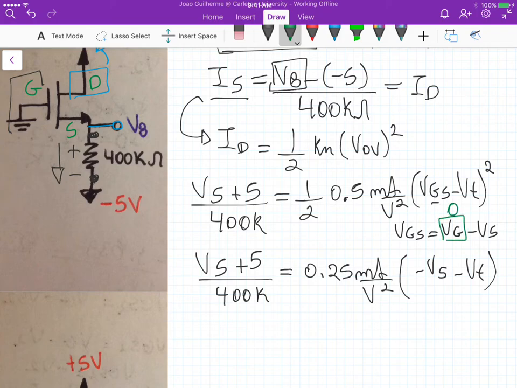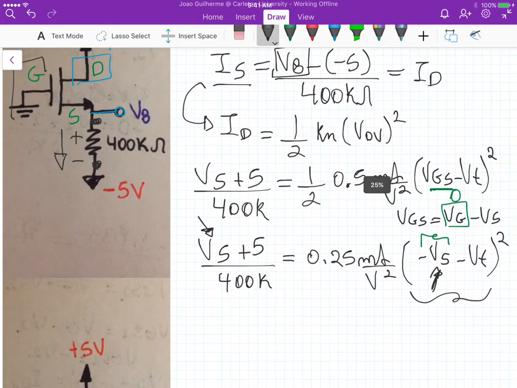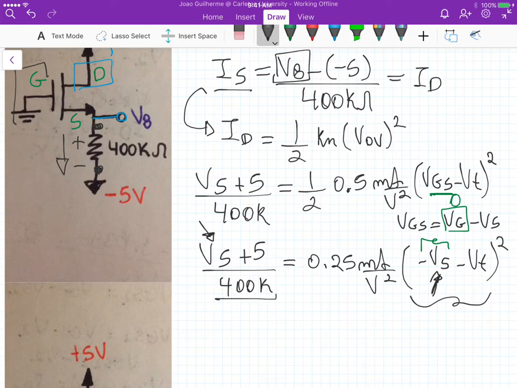That's why we have just minus Vs here, and that's squared. Again, if you look at this formula, we have a single unknown, Vs, here and there.